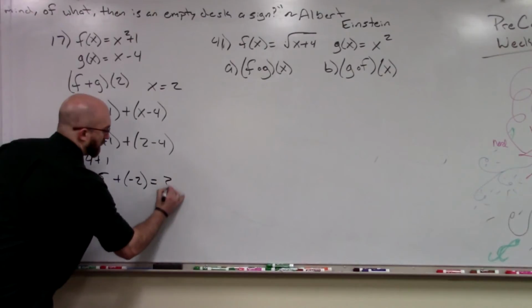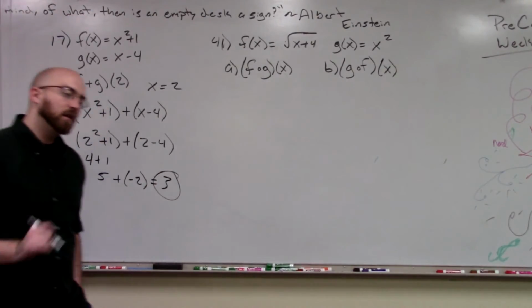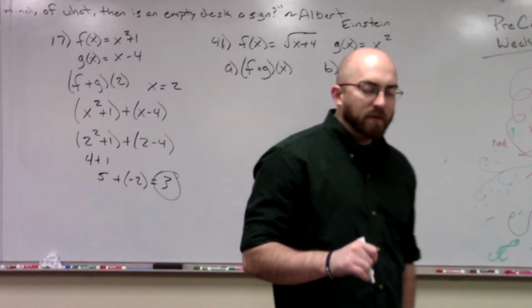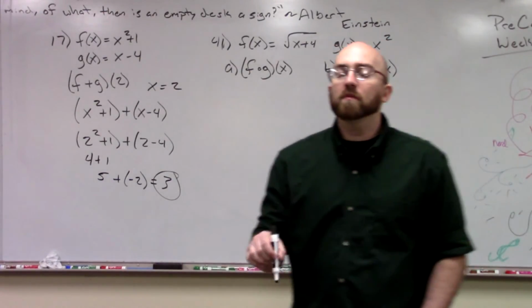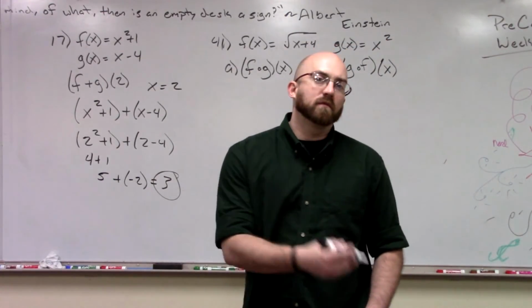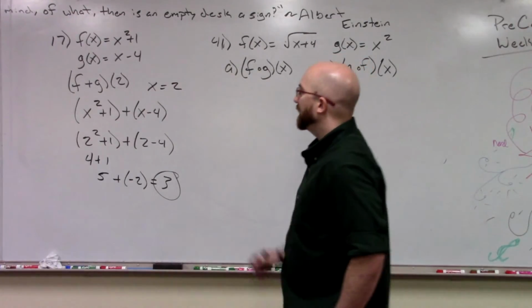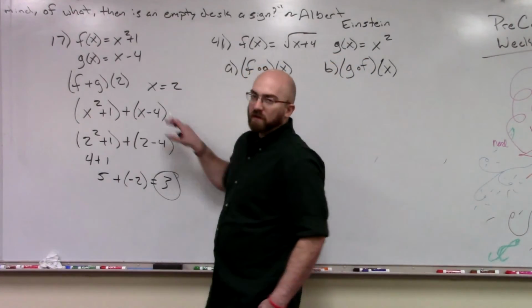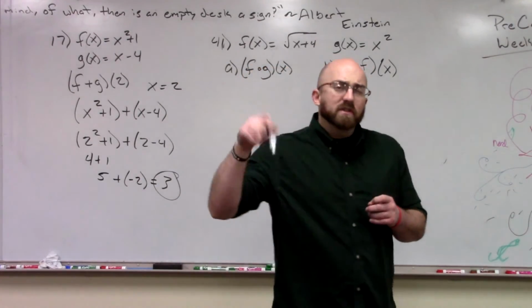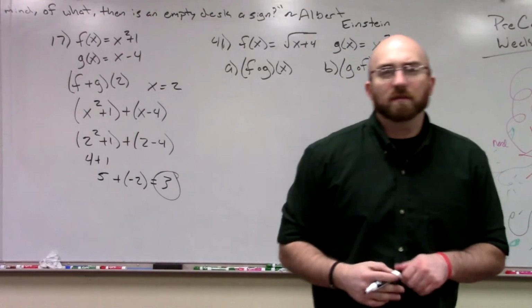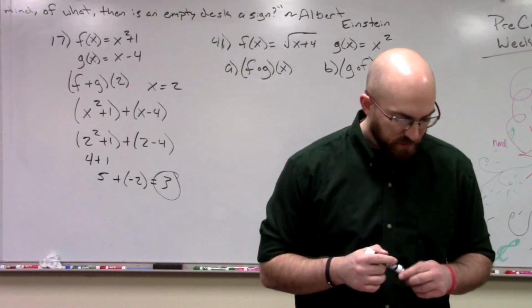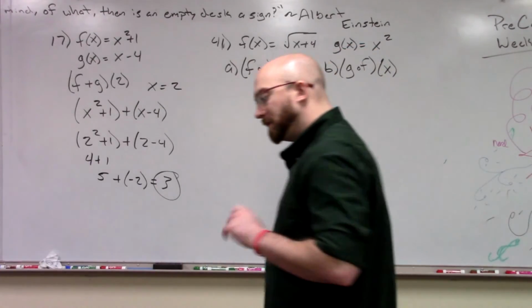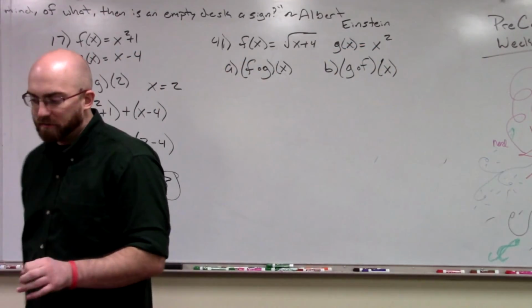And our answer is 3. So basically, all you're doing, if you have problems like this, is you're just plugging in the number into the x's of what the equation is. So like I did this first, and plug 2 into all the x's. You can plug 2 in first, and then add them. It's up to you. It's how you want to distinguish it. So that's the combination of functions.